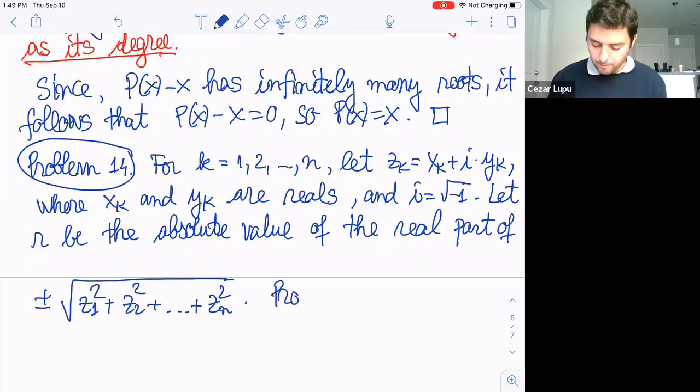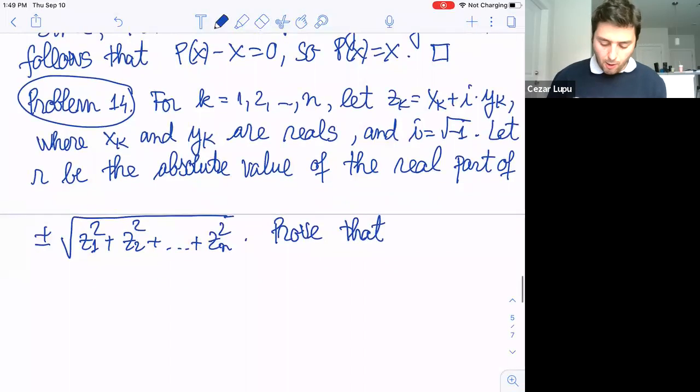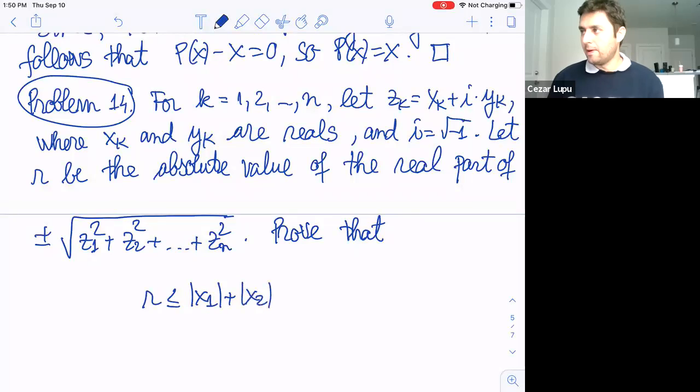Prove that r is less than the absolute value of x1 plus the absolute value of x2 plus and so on up to the absolute value of xn.